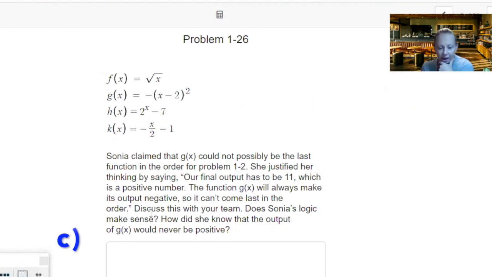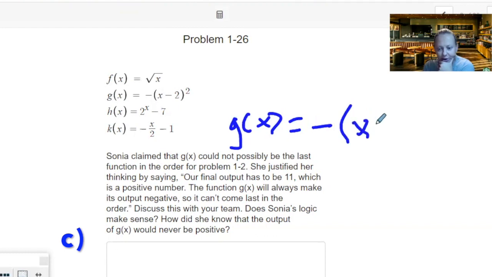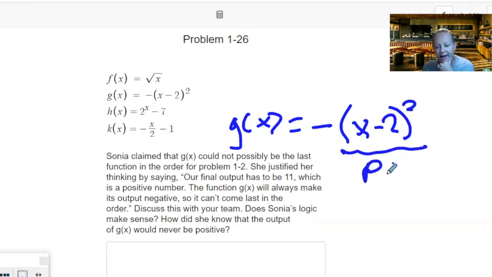All right, if you need to read, pause. Sonia, in her logic, thinks that the final output is going to be 11, and she thinks that coming out of function g of x, it should always be a negative. So take a look at the function g of x. When you have a negative in front of any number squared, when you square a number, this part will always be a positive value.